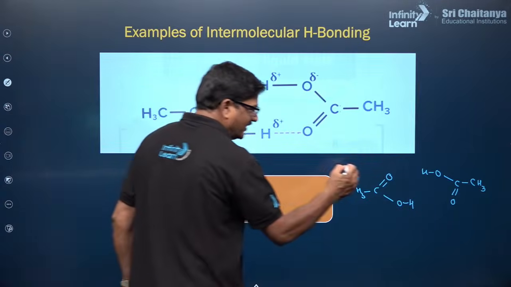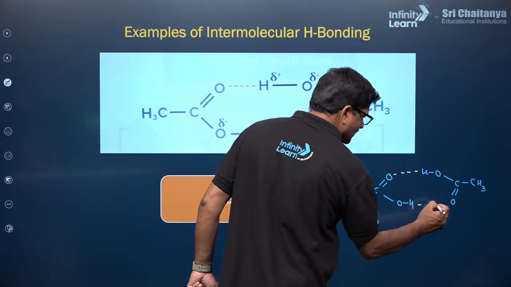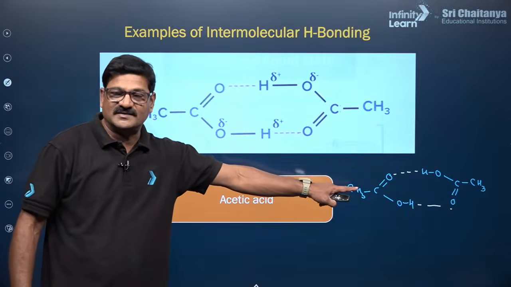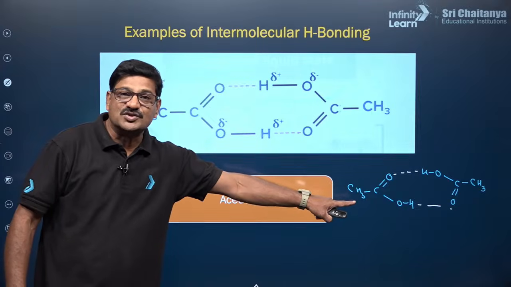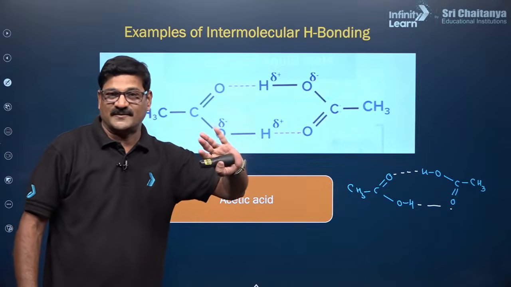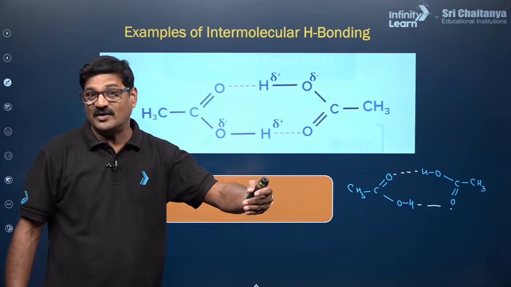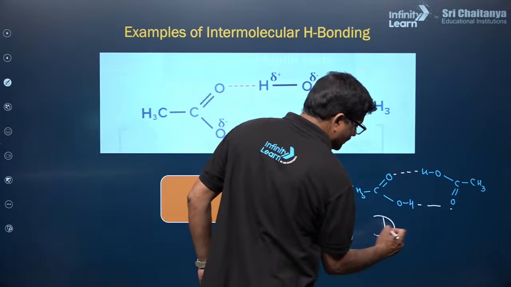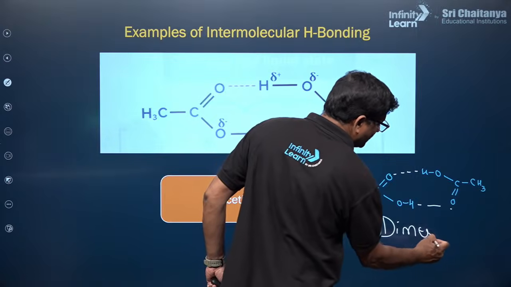This particular concept is used in solutions and colligative properties. When acetic acid is dissolved in benzene, it undergoes dimerization, so it exists as a dimer.